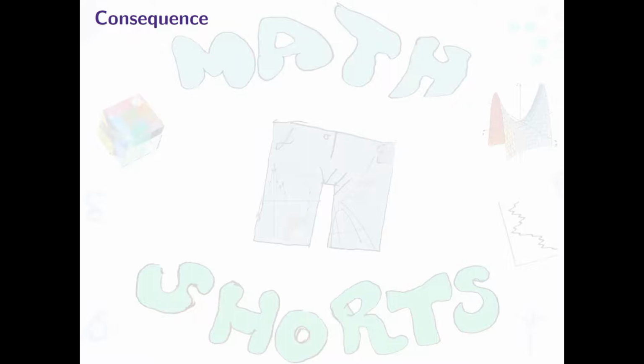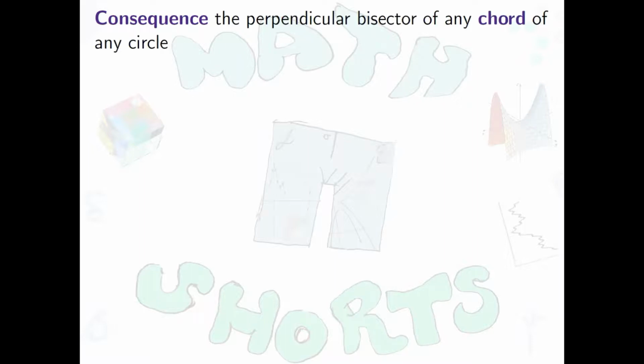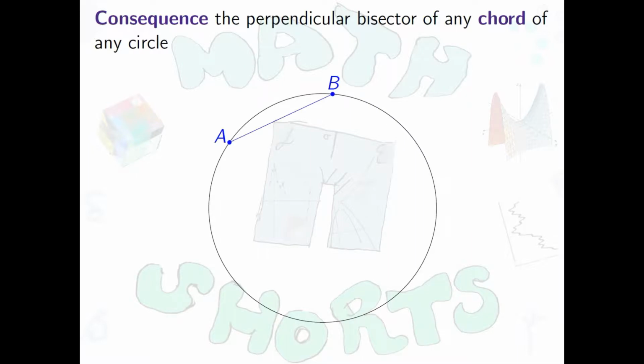Now, what's a consequence of some of these properties? Well, another important one is that if you take the perpendicular bisector of any chord of a circle, so I've got a circle, I take any chord, the segment joining 2 points on the circumference, and I do the perpendicular bisector.